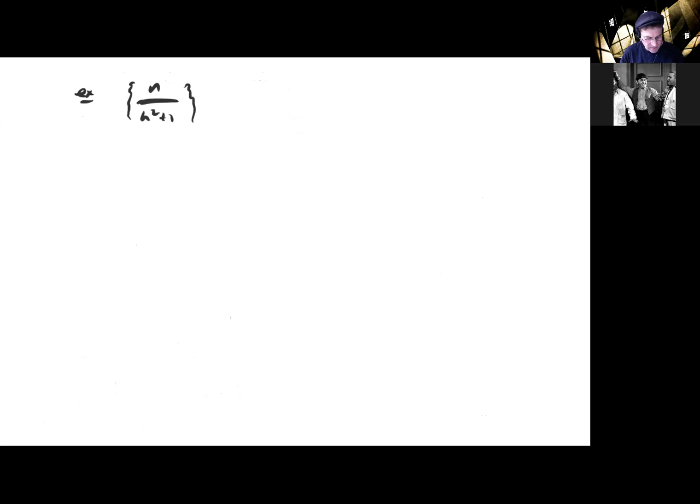So this is behaving "like" n over n squared, and that's 1 over n, and 1 over n is decreasing. So you would guess that this might be a decreasing sequence. So let's show this is actually, in fact, decreasing.